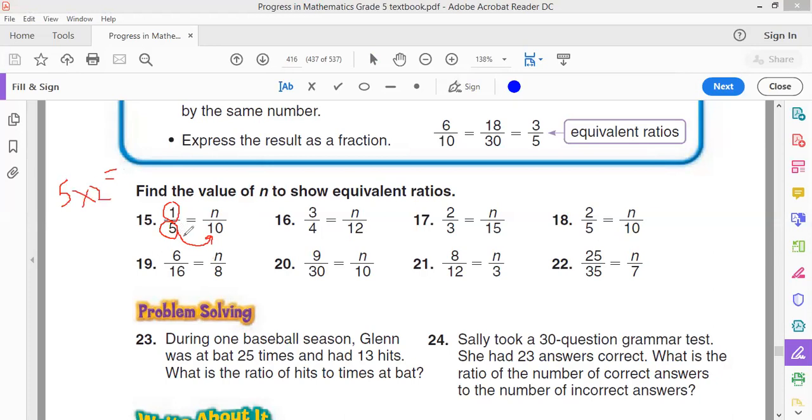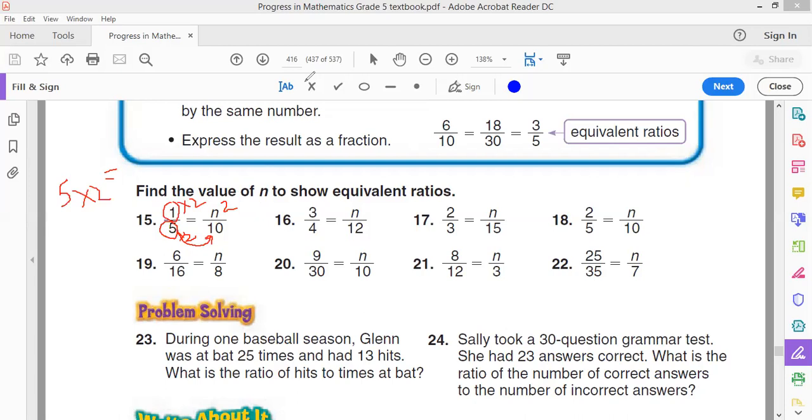It means here times 2, and with 1 also times 2. 5 times 2 is 10, and 1 times 2, tell me, it's 2. So now we solve it. The answer is 2.